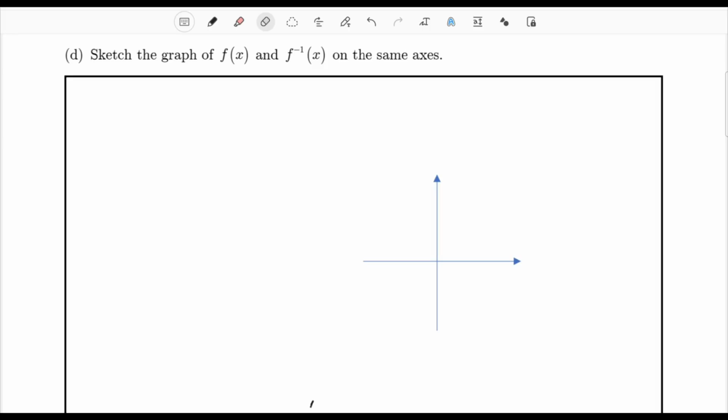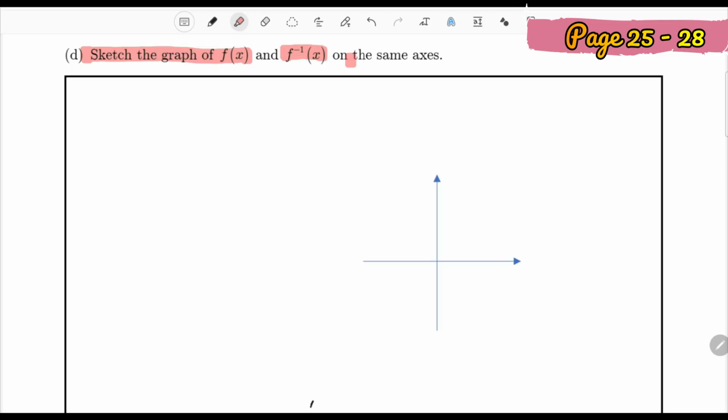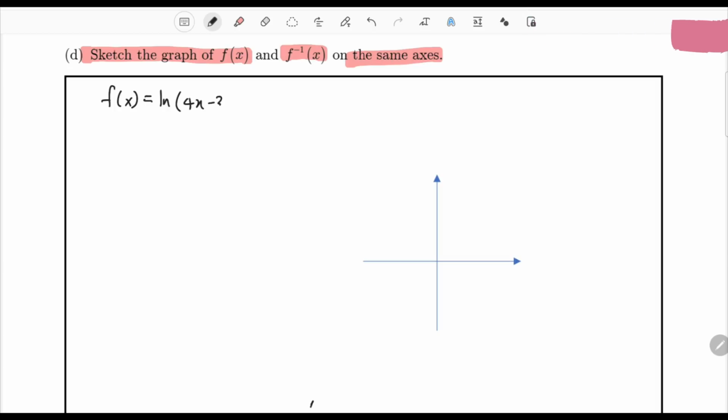Right, example 20D, so we are required to sketch the graph of f x and f inverse on the same axis. So let's write down the function again. So f x equal to ln of 4x minus 3. And then your f inverse of x will be exponential of x plus 3 over 4.